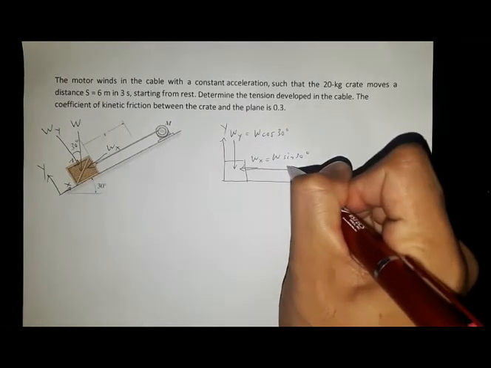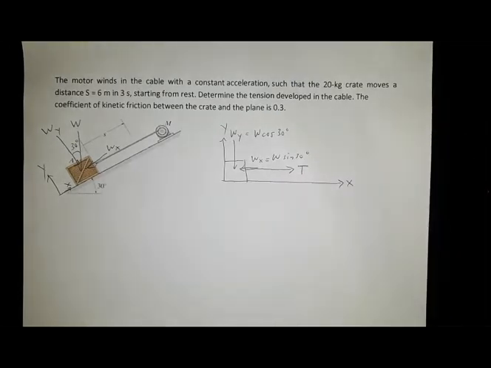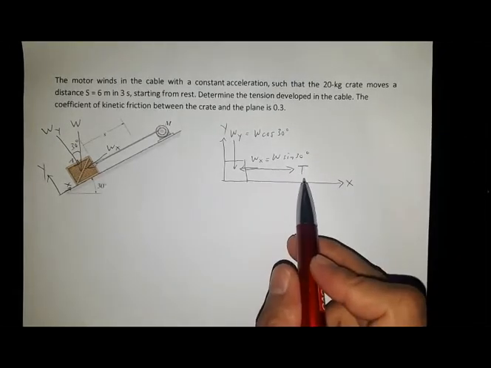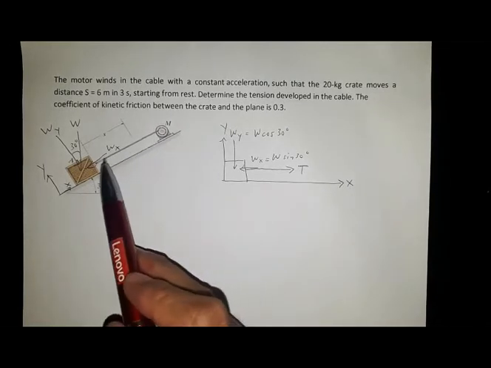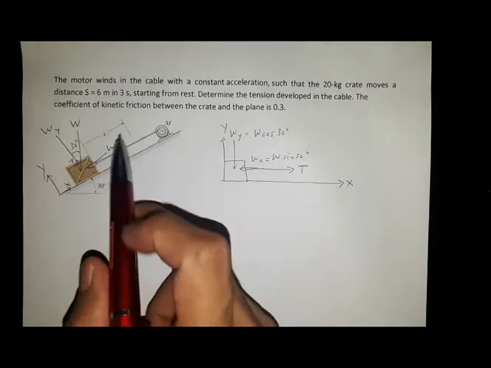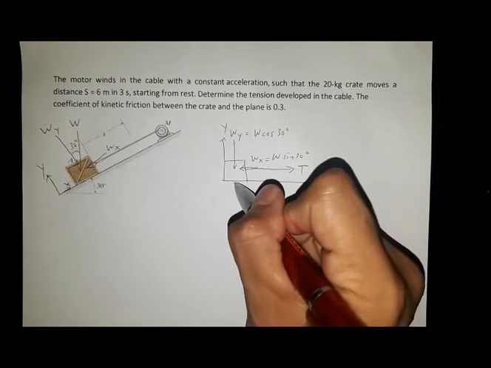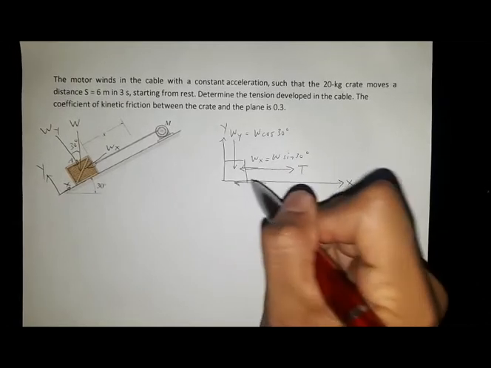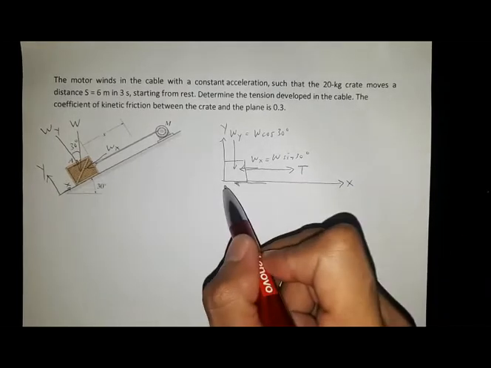Now it is being pulled by a cable. So here's the tension force created by the pulling of the motor. Then we also have our frictional force here, which acts between the plane and the block.